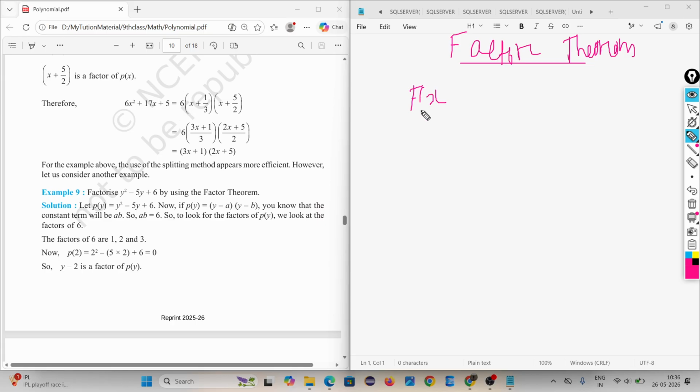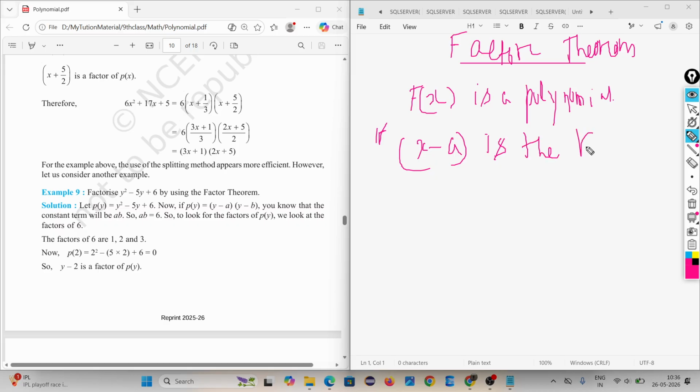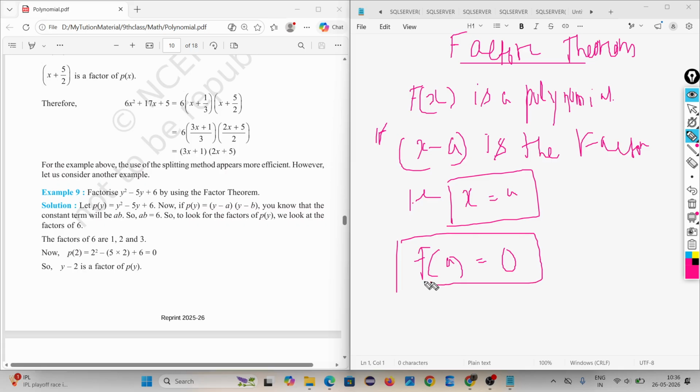If f(x) is a polynomial, and x minus a is a factor, that means x equals a, then f(a), putting a in place of x, must be equal to 0. This is nothing but your factor theorem.